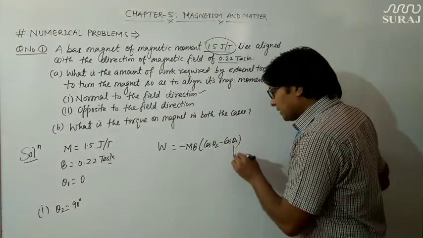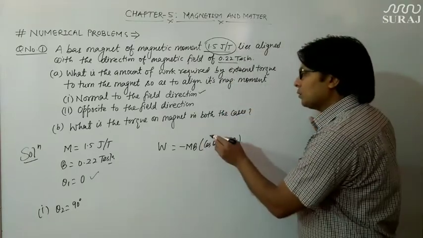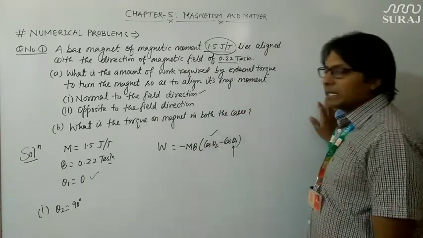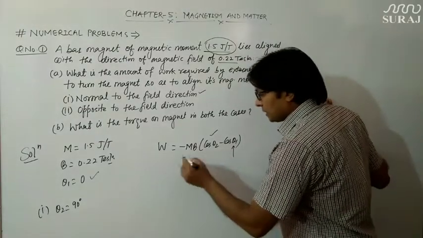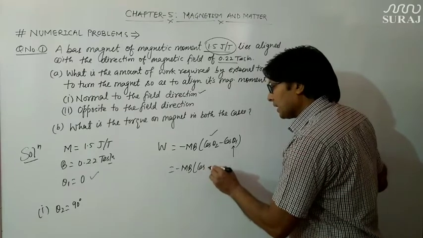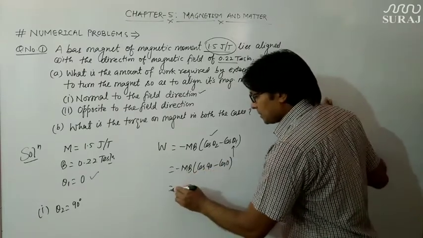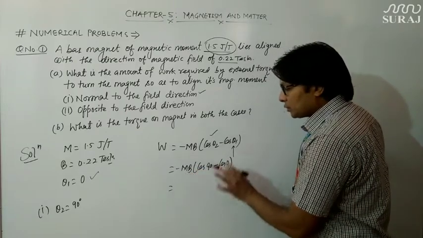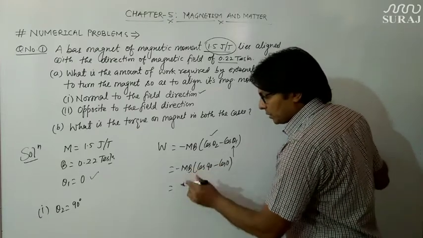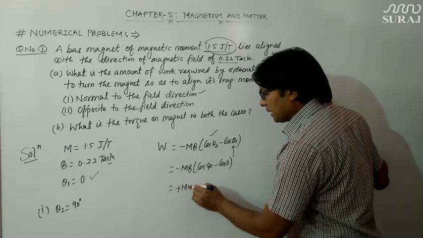Theta 1 is given as 0, and theta 2 in the first case is 90 degrees. Putting these values we get minus MB into cos 90 minus cos 0. Cos 90 becomes 0, and cos 0 is equal to 1. So minus 1 into minus 1 becomes plus 1, giving MB.